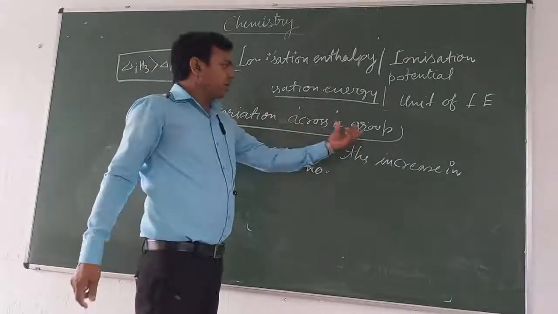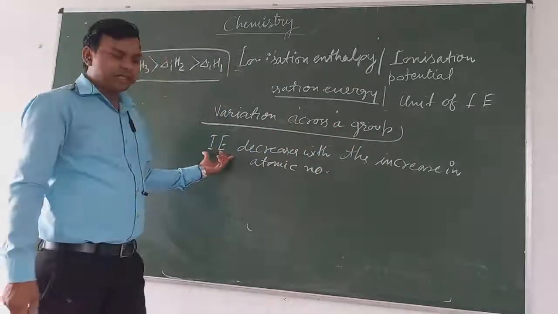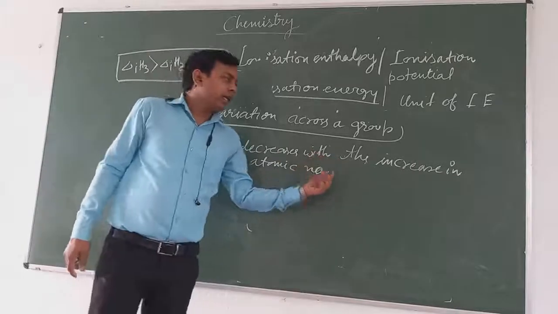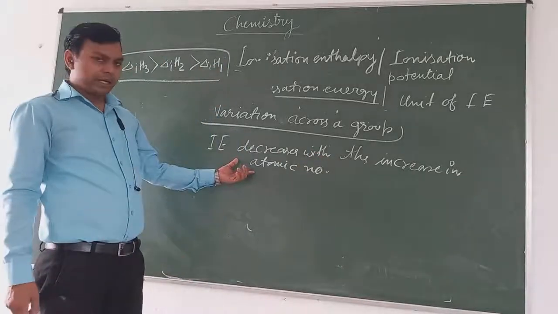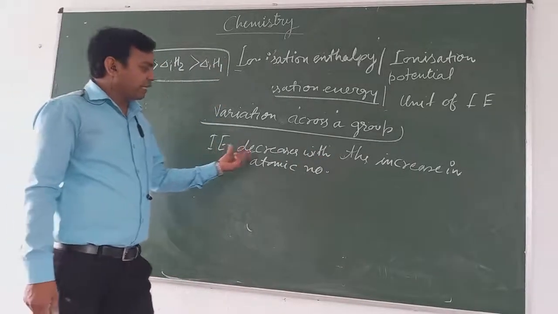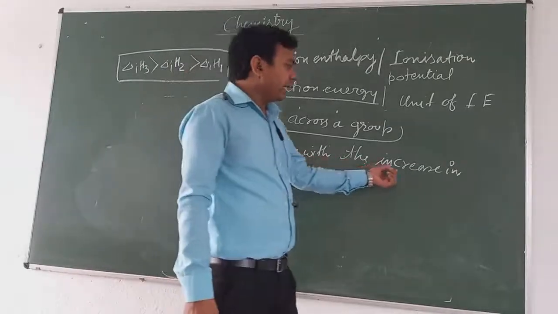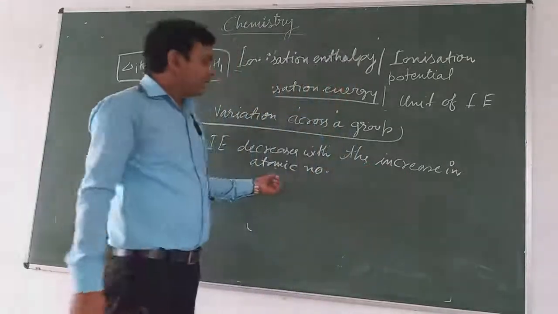Variation across a group. Here ionization enthalpy decreases with the increase in atomic number.